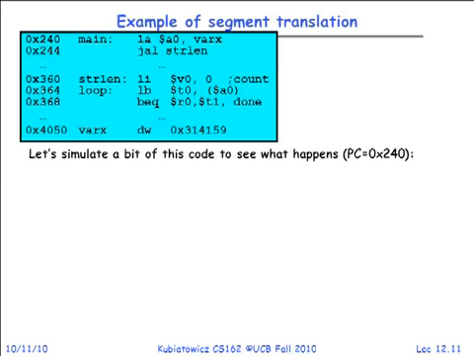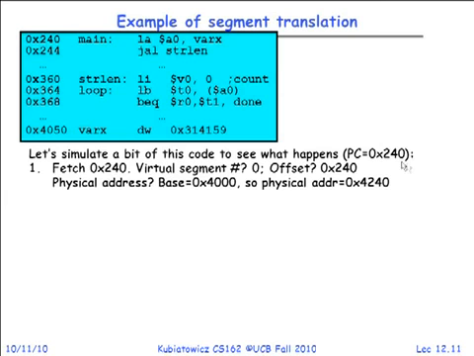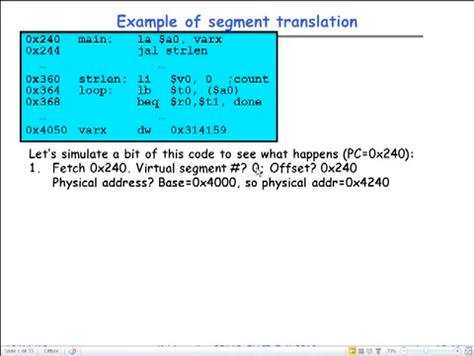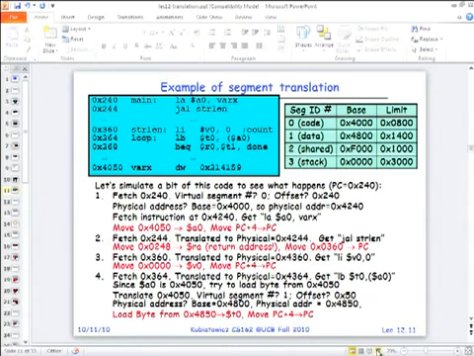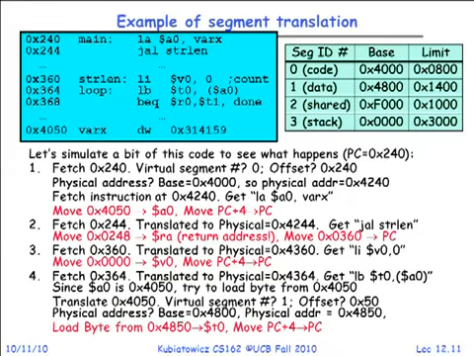So what's the physical address? Well, virtual segment 0. I could have sworn I actually had our segment ID here. I do. Why is that not coming up? It's a mystery. All right, that'll help. You'll have to ignore the fact that that came in last.